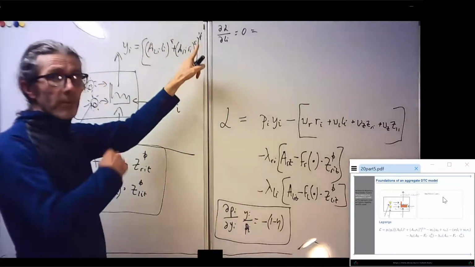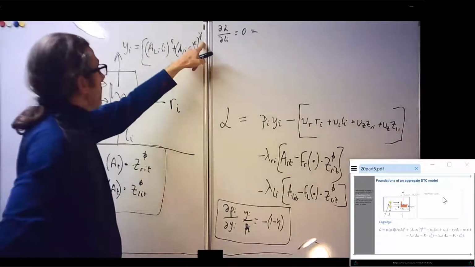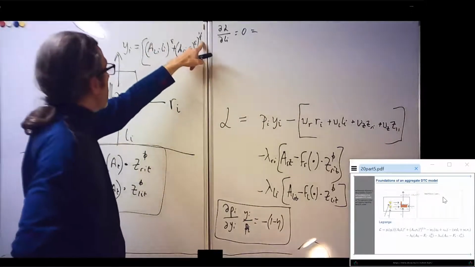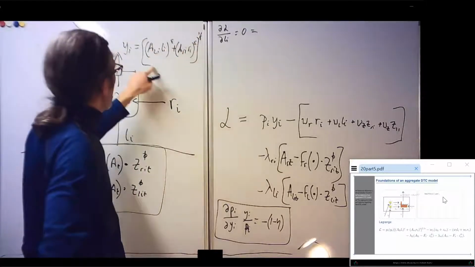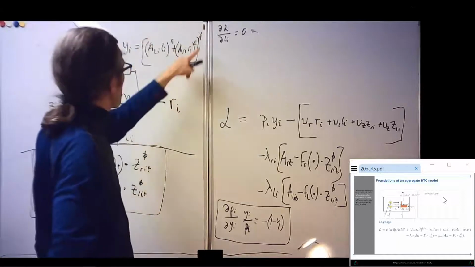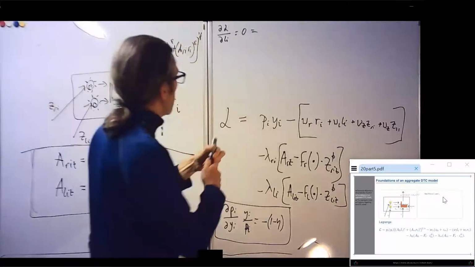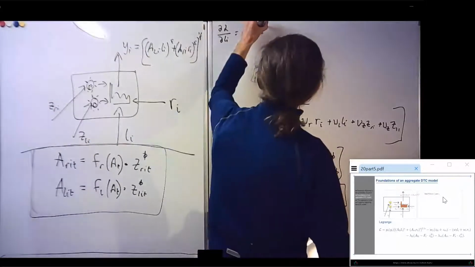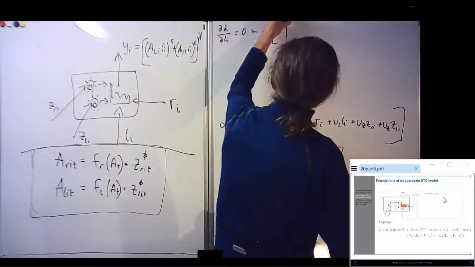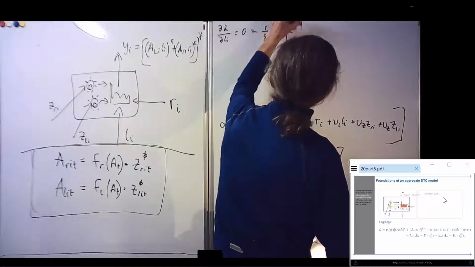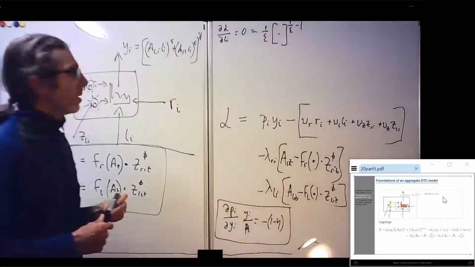Whatever. We start by differentiating the outside. So we go 1 over epsilon times the square bracketed term to the power of 1 over epsilon minus 1.